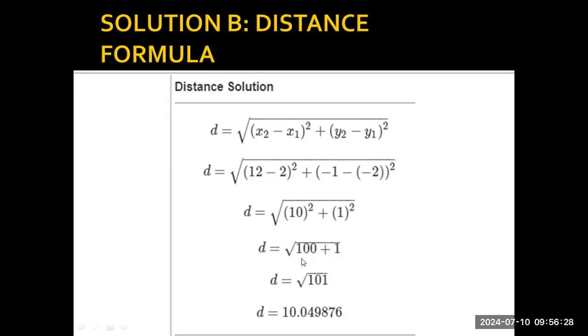So 10 squared is 100, 1 squared is 1. Getting the sum, we have 101. So let us get the square root of 101 to get the distance between star Y and star Z. And the actual distance is 10.049876 light years.